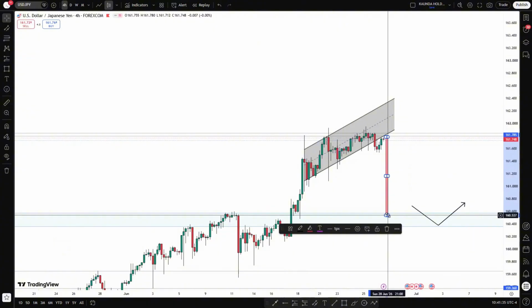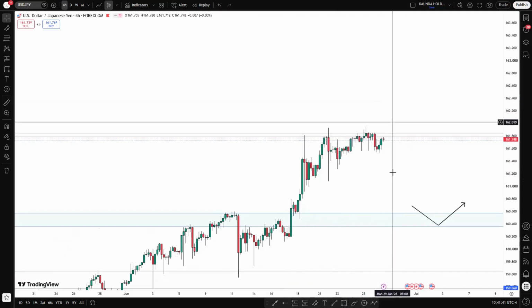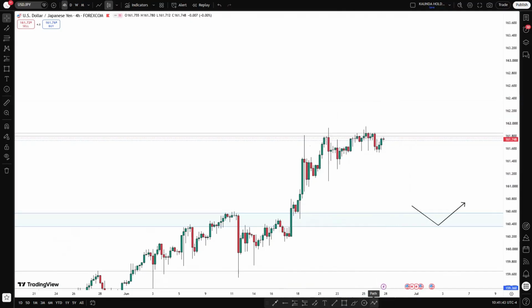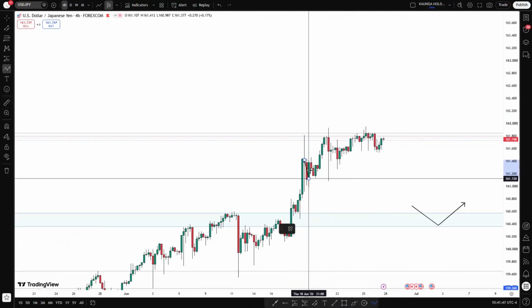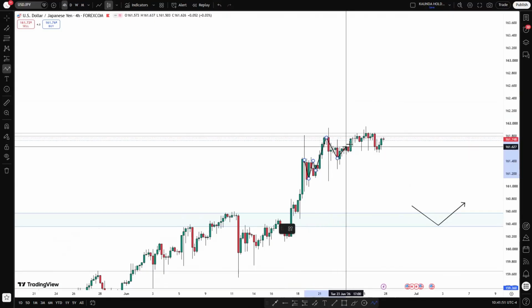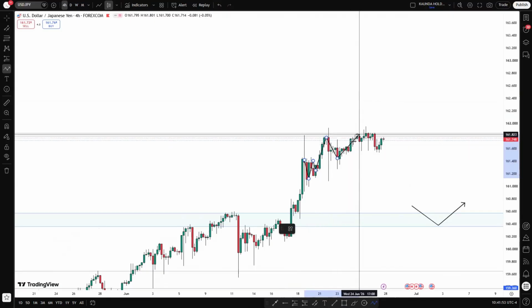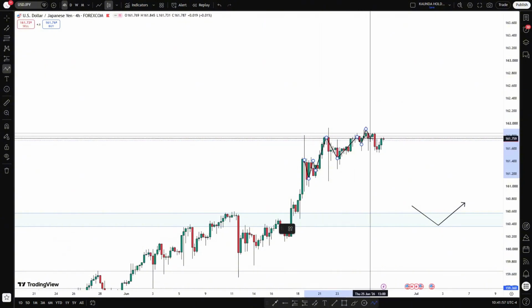right? Now, if you look at this, let me just delete this for now. Price is making higher highs, higher lows, then makes this new higher low, and a new higher high.